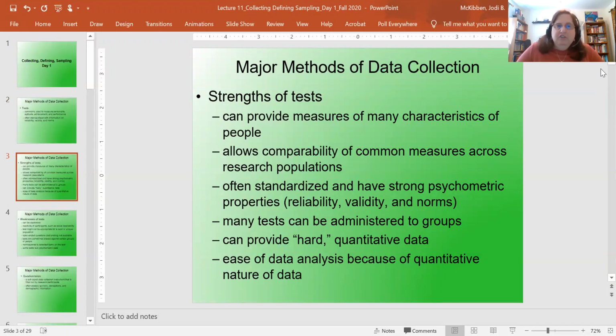So IQ tests are a great example of this, where you can look at how comparable people are, even if you're looking at different populations. They're often standardized and have strong psychometric properties, which we talked about. They can be administered to groups in many cases, and they tend to be very quantitative, and that makes them easy to analyze data-wise.